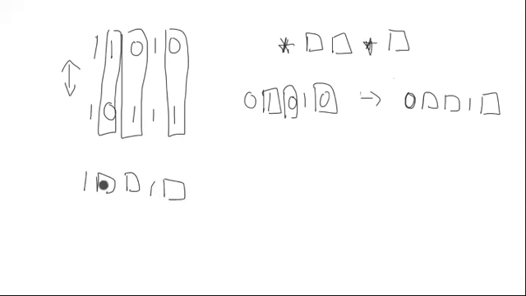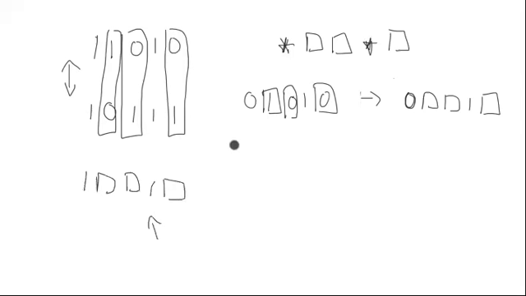So the fiber is any way I can change this up and still have the same thing. I can have 2 options for this, 2 options for that, 2 options for that. So there'll be 8 total things in the fiber, 2 times 2 times 2, that are going to be merged to this one element.